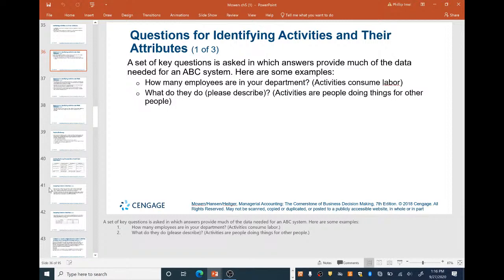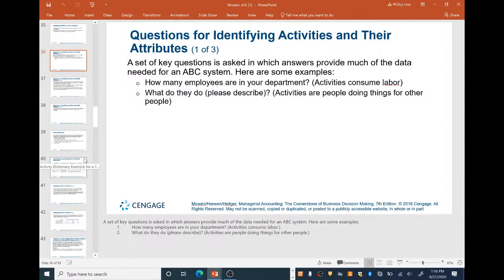Next couple slides just give us an idea of what types of questions we would expect to see for trying to identify activities and the attributes that accompany those activities. The first set of key questions that you might expect to hear in these scenarios would be, how many employees are tied directly to your department?